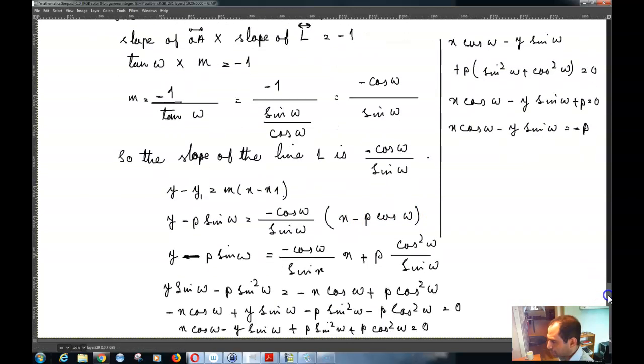And so over here you can write y minus p times sine omega is equal to negative cos omega by sine omega times x, and here you need a negative sign. You need a negative sign over here, and then we need to rewrite the rest of this.